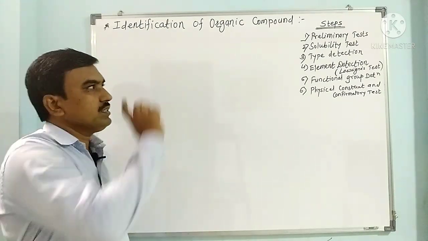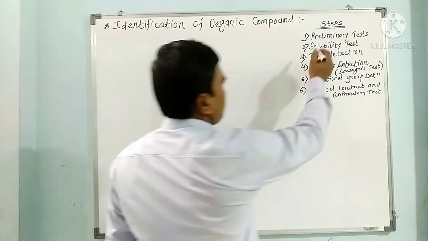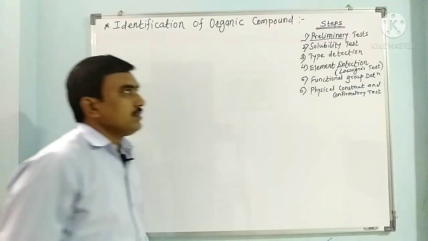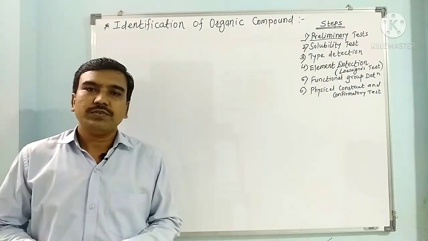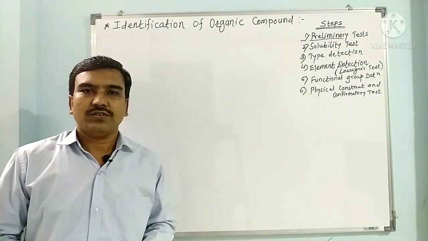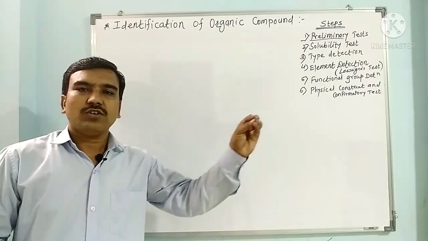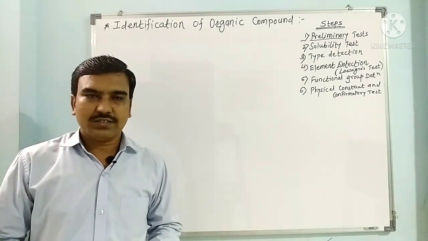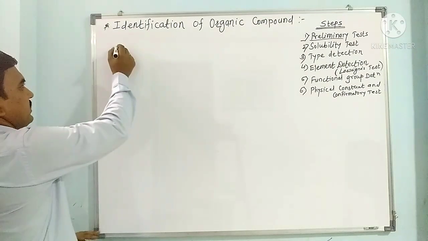First, in the preliminary test, we will get primary information, some general or basic information about the organic compound, such as nature.